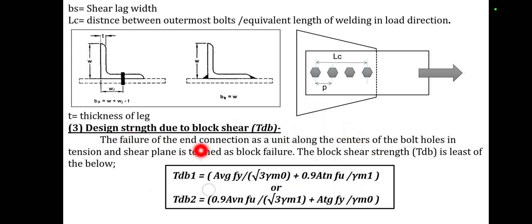The failure of the end connection as a unit along the center of the bolt holes in the tension and shear planes is called block failure or block shear failure. Dear friends, we have to calculate two values of block shear, that is TDB1 and TDB2. Here TDB is the minimum of TDB1 and TDB2.